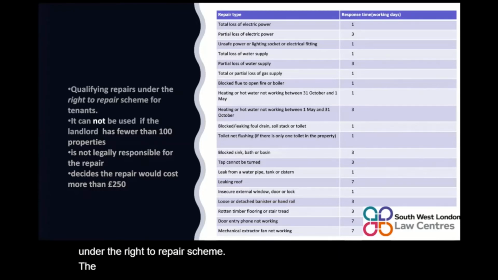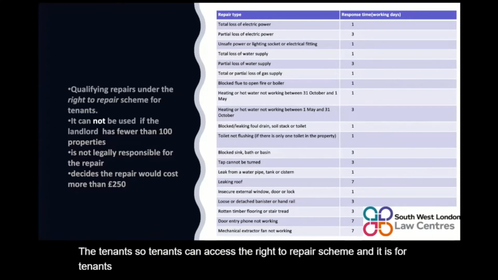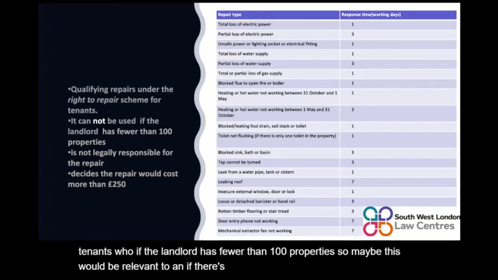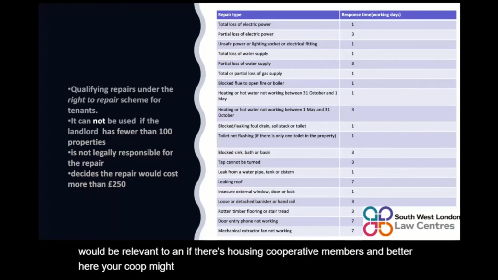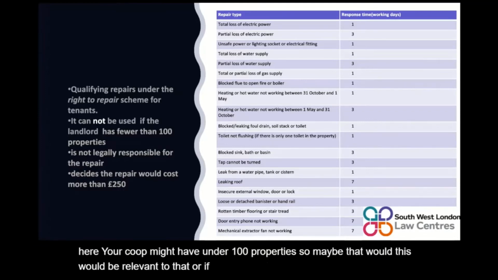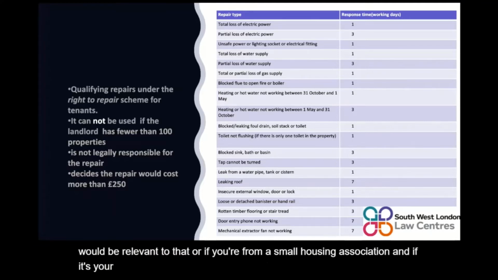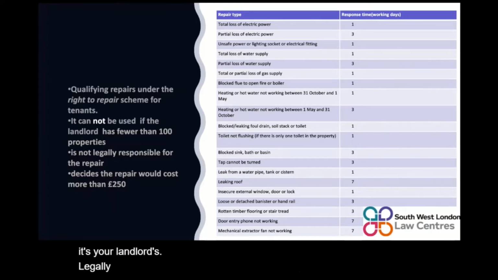So tenants can access the right to repair scheme if the landlord has fewer than 100 properties, so maybe this would be relevant if there are housing cooperative members here, your co-op might have under 100 properties. Or if you're from a small housing association, and your landlord is legally responsible for repairing it, and if the repair is under £250.